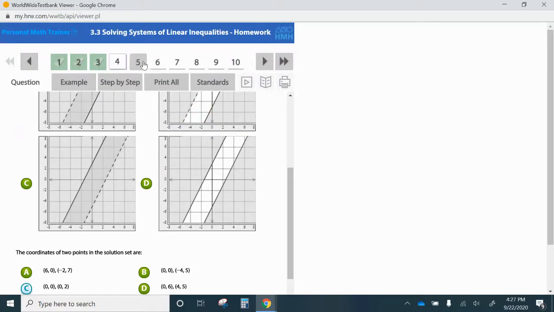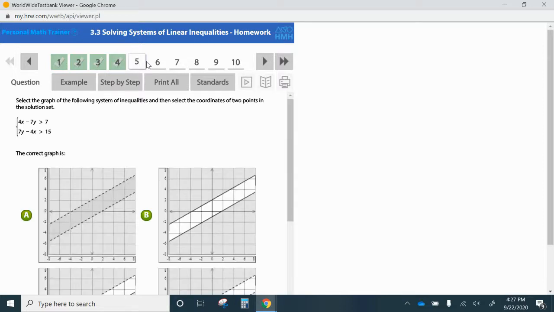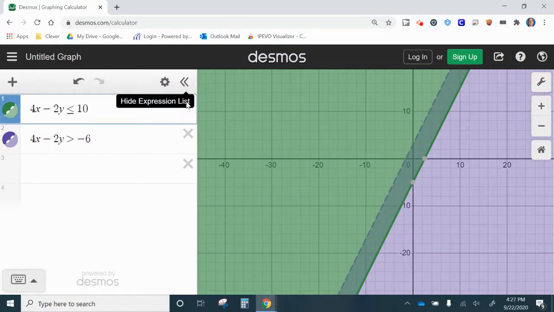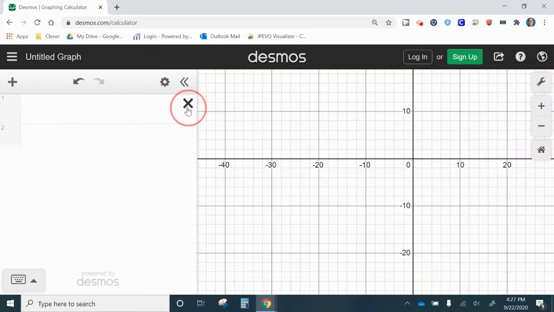All right, that's correct. Let's look at number 5. So again, I'm going to write this down. So when I click to the Desmos tab, I can graph it. So 4x minus 7y greater than 7, and 7y minus 4x greater than 15. So now let me go over here to Desmos. Clear those out.